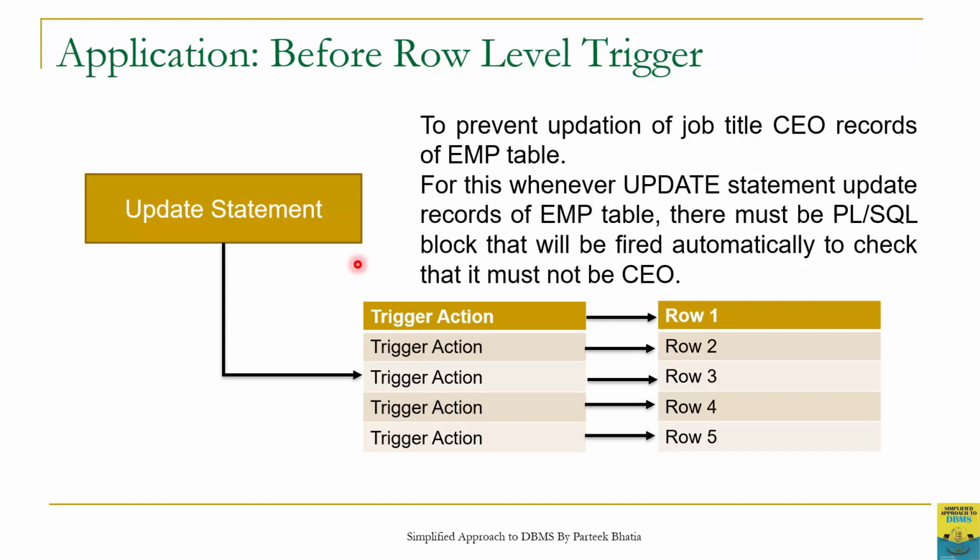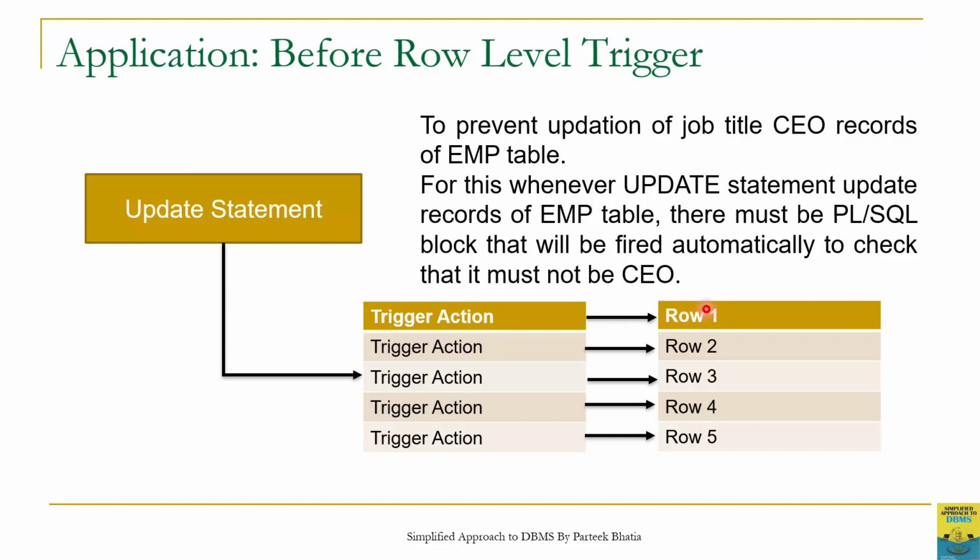Let's suppose this update statement is updating 5 rows of the table. Then before updating each row, we have to check that job title should not be CEO. If this row belongs to job title CEO, then we have to stop the update operation for that particular record. If that record does not belong to CEO, then updation will be allowed on the record.